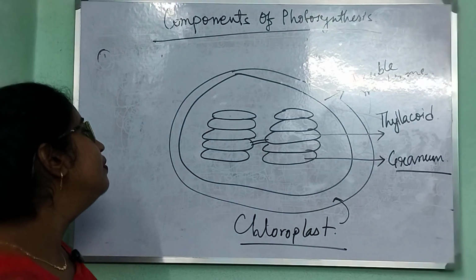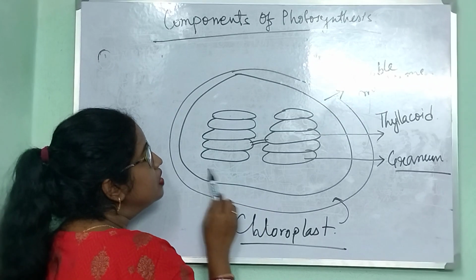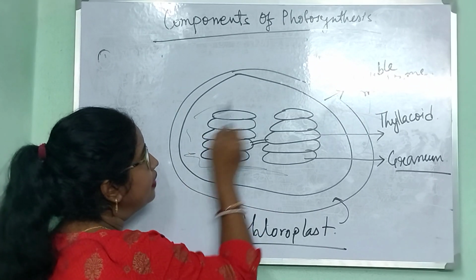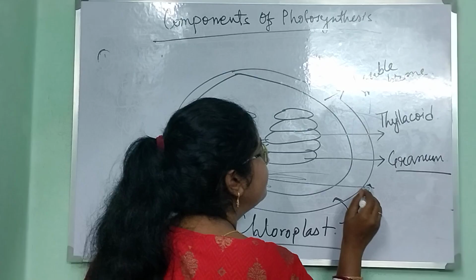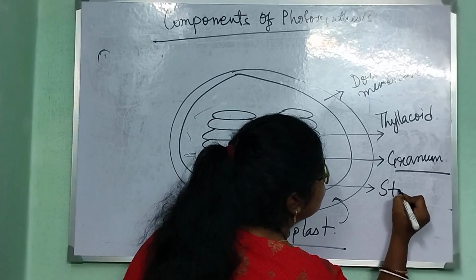The rest of the area is filled by a matrix or liquid medium, which is known as stroma.